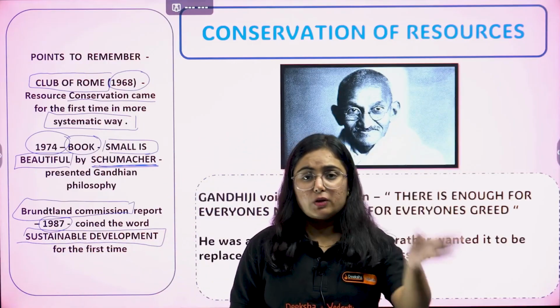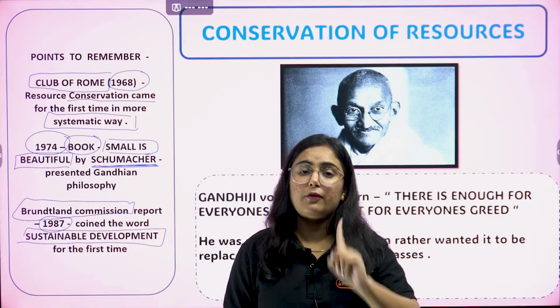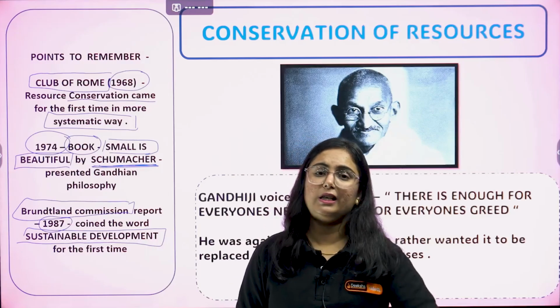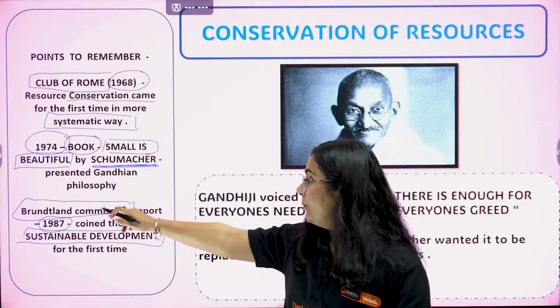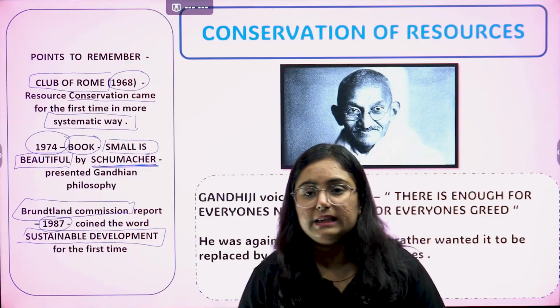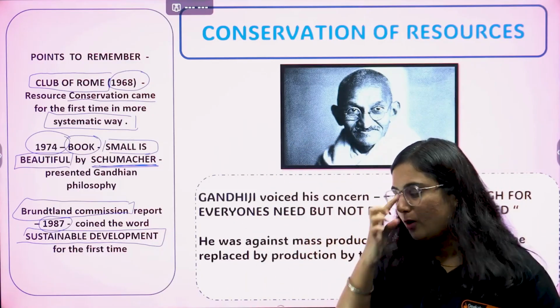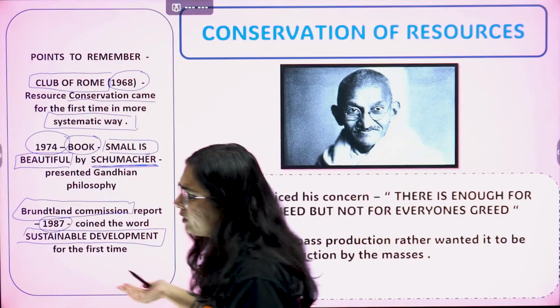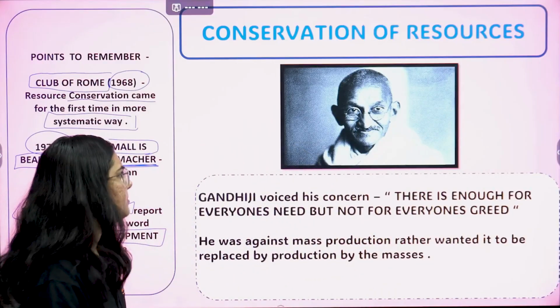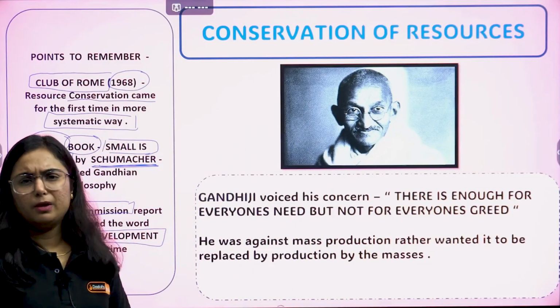So if an MCQ comes, when did the word sustainable development come first? Brundtland Commission report in the year 1987. Do you remember this? Points to remember. Mark it for 1-marker question, particularly MCQs. No long answer will be coming from this topic.